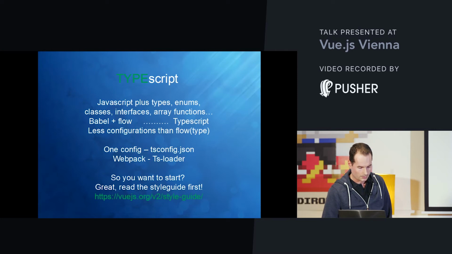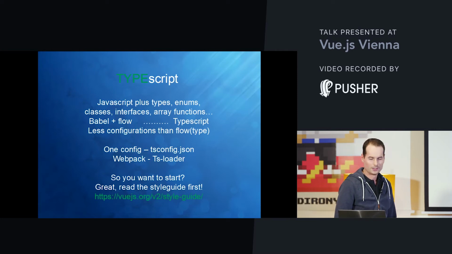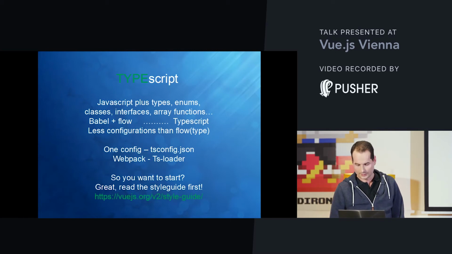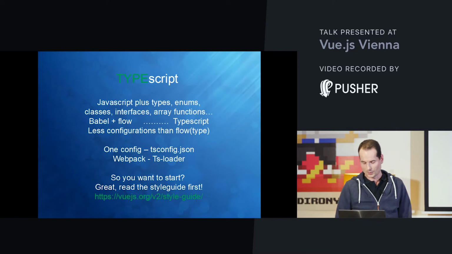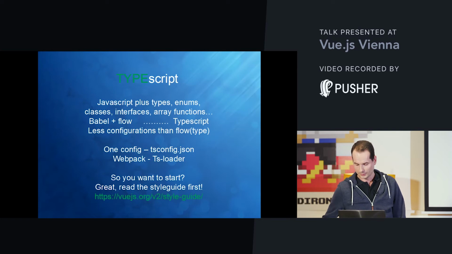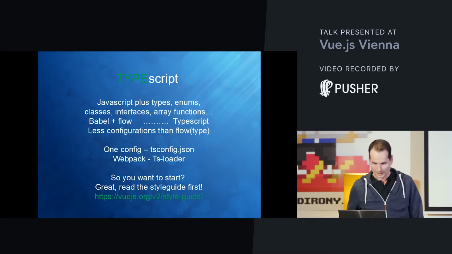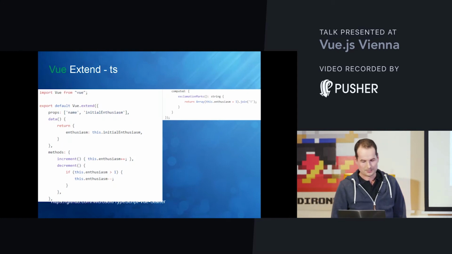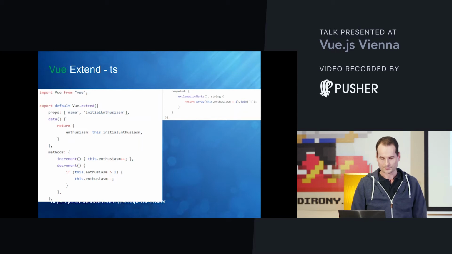What you should check first anyway, if you are developing with Vue, is the style guide. Read the style guide first to avoid any wrong patterns while you're developing. And let's look at how we can use TypeScript with Vue.